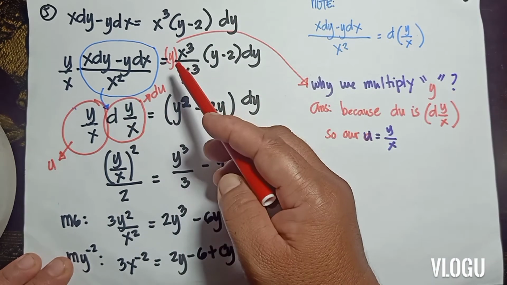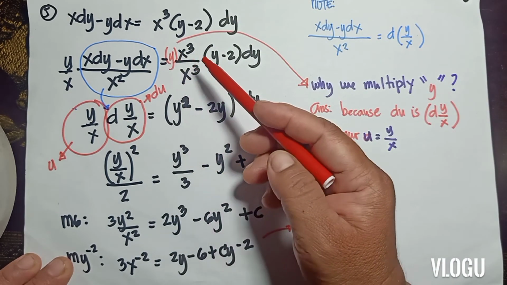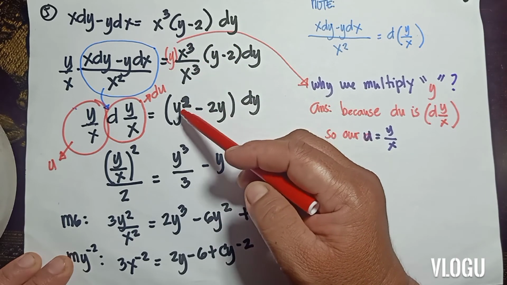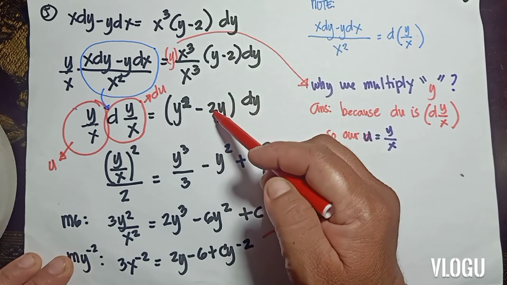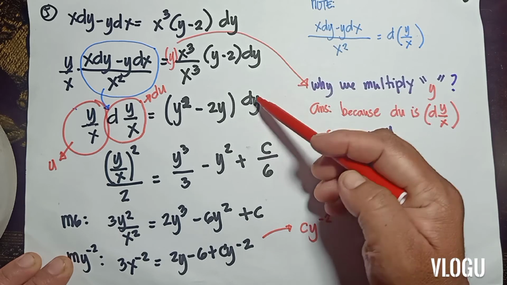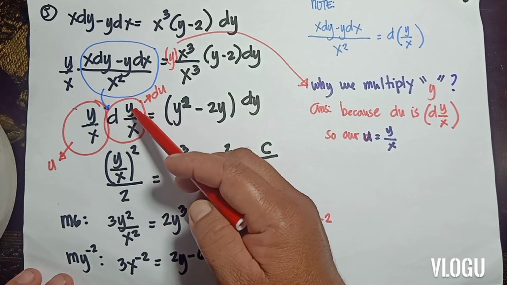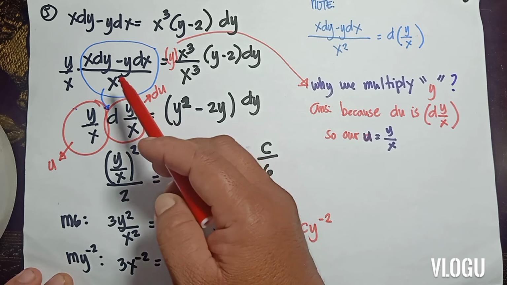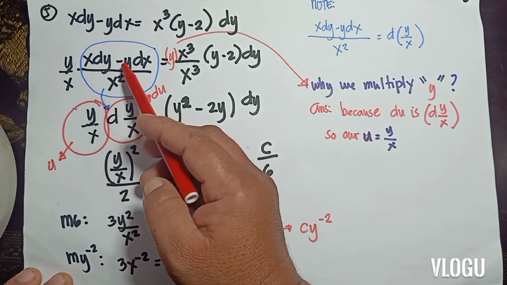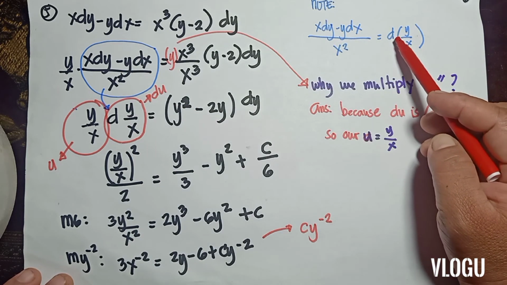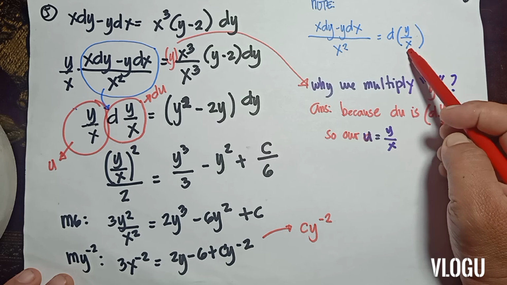So, because I multiplied y at the right side, okay, that's the reason you will have y squared minus 2y dy. Here, okay, where did I get derivative of y over x? Okay, with the form of x dy minus y dx over x squared, that is a form of dy over x.